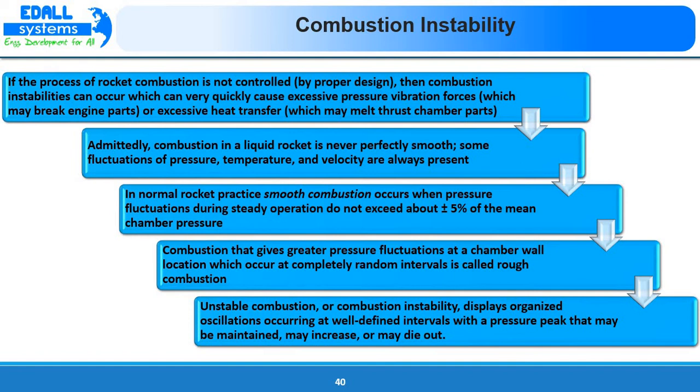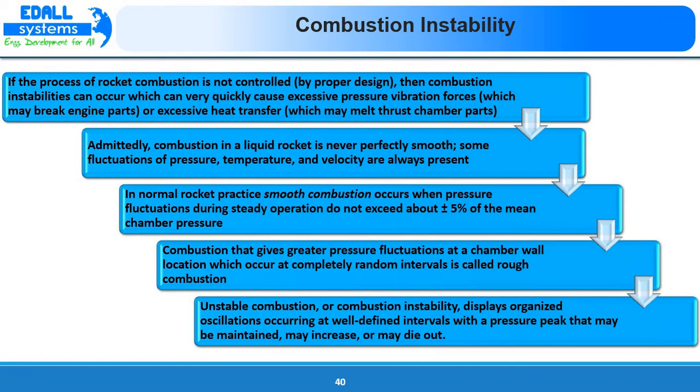In normal rocket practice, smooth combustion occurs when pressure fluctuations during steady operation do not exceed about plus or minus 5% of the mean chamber pressure. So this is the evaluation criterion for whether combustion instability can occur or not.